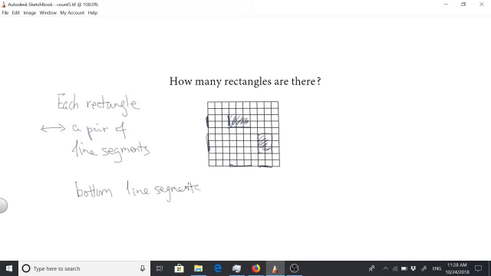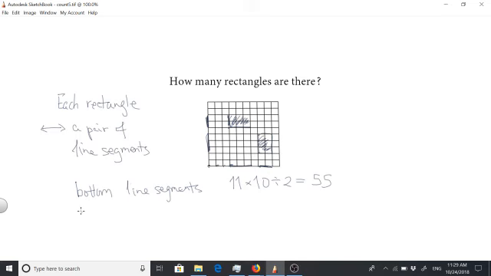Counting line segments is basically choosing 2 points out of how many points here? 1, 2, 3, 4, 5, 6, 7, 8, 9, 10, 11. So choose 2 points out of 11. For the first choice you have 11 points. The second choice 10, and then you divide by 2. So this is 110 divided by 2, which is 55.